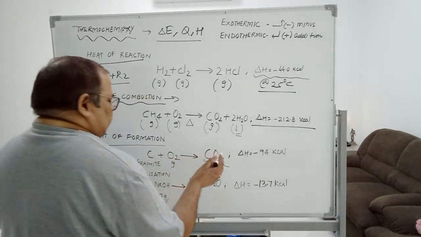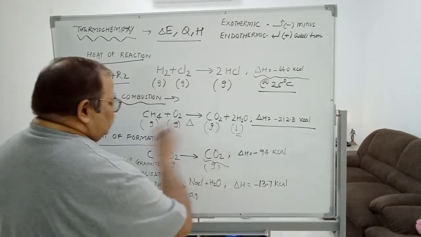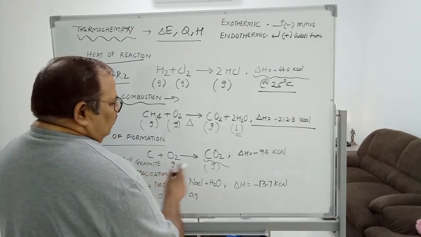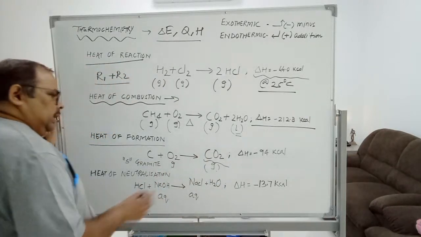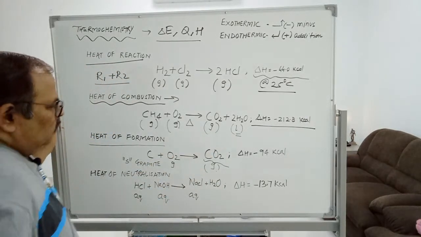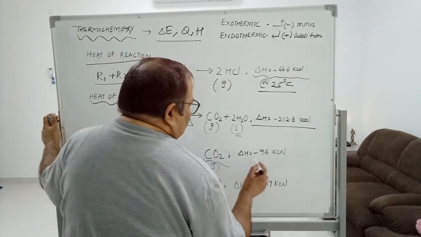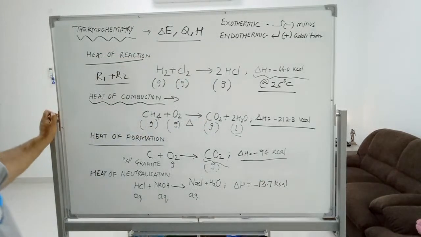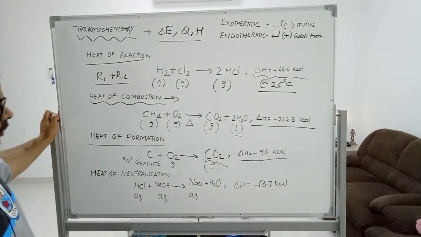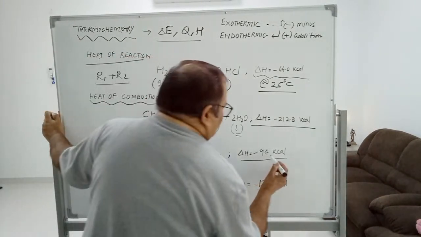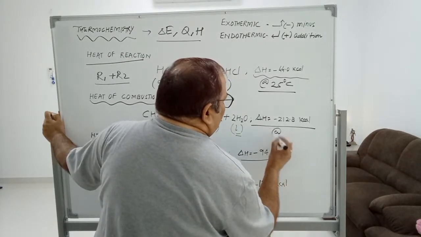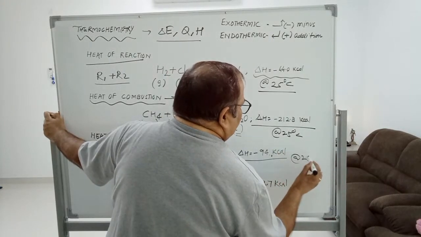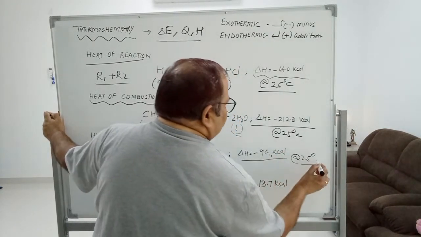For the formation of 1 mole of CO2, you will see what reactants are involved, and they just give this one. Formation of carbon dioxide takes place and heat evolves, that is 94 kilocalorie. This is also at 25 degree centigrade.